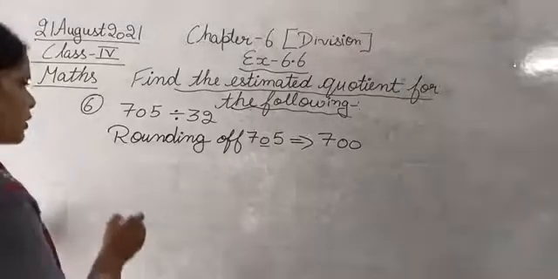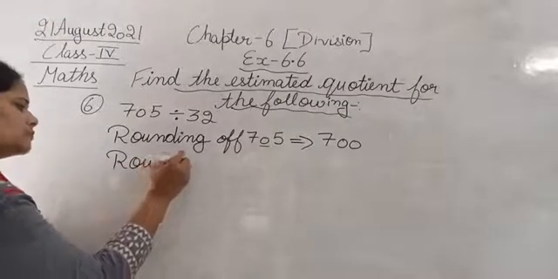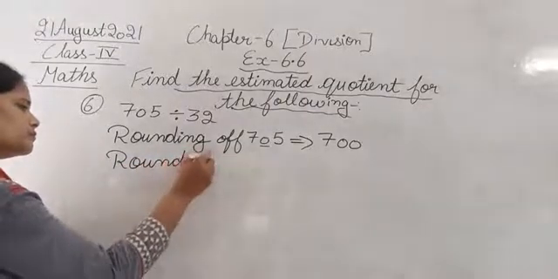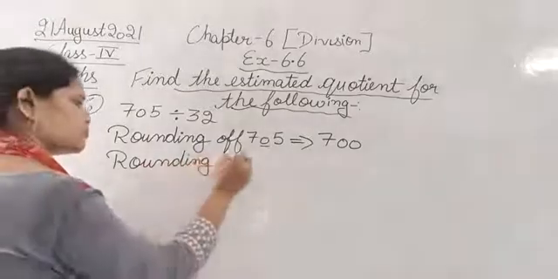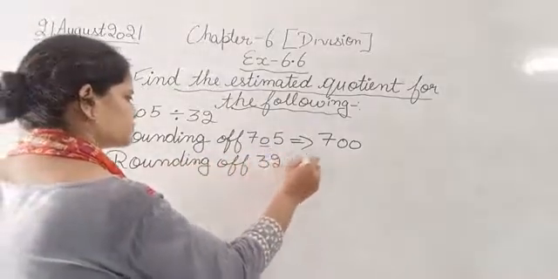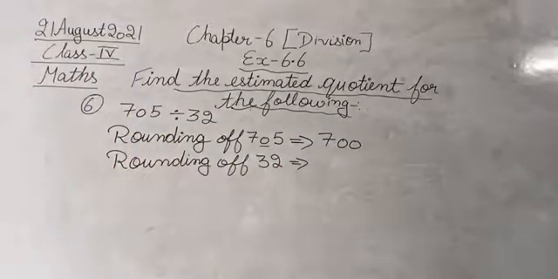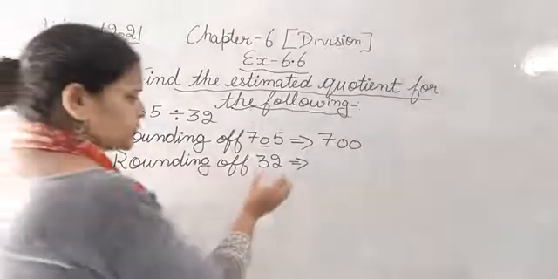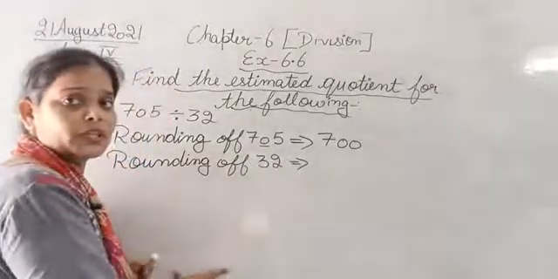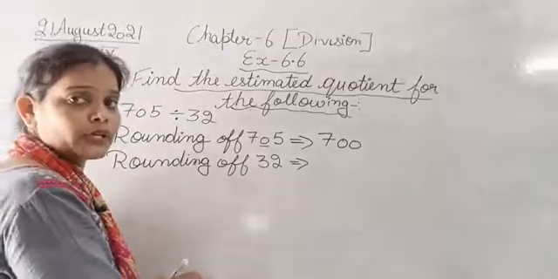Next, rounding off 32. As you can see, this is a 2-digit number. So the highest place value in 32 is tens. So we are going to round it off to the nearest tens.